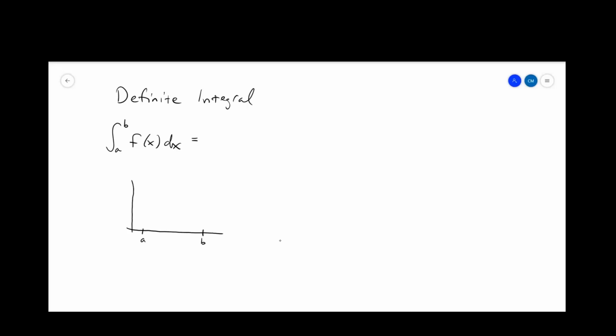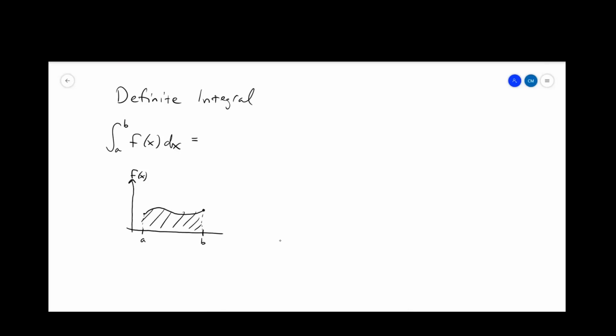So basically, you have some function and you've got to define between two x values. Then the definite integral tells you that area there, right? Now we have to sort of qualify that, because it doesn't always tell us the area under the curve.